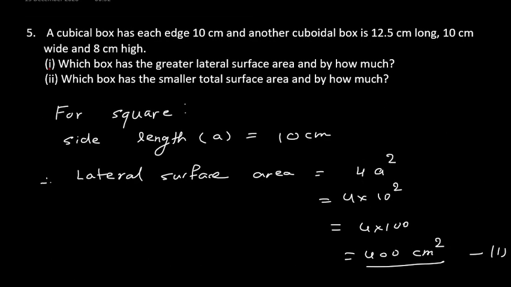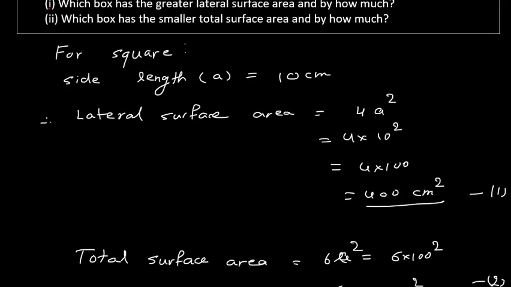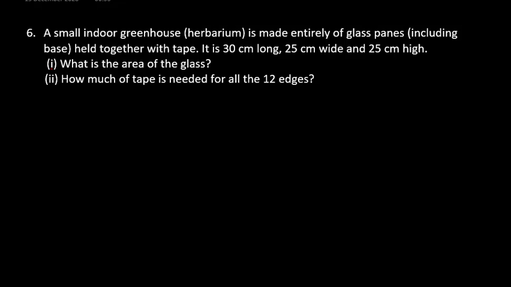This is the fifth problem. Let us see the sixth question. A small indoor greenhouse is made entirely of glass panes held together with tapes. It is 30 centimeter long, 25 centimeter wide and 25 centimeter high. What is the area of the glass and how much tape is needed for all the 12 edges?